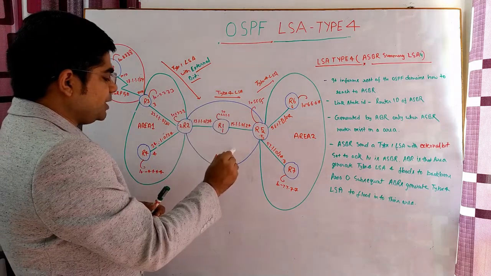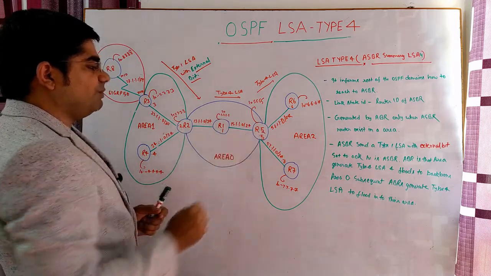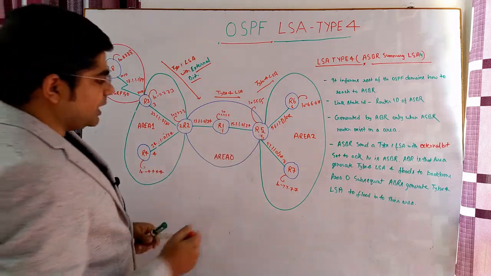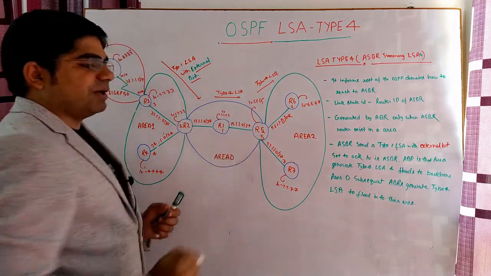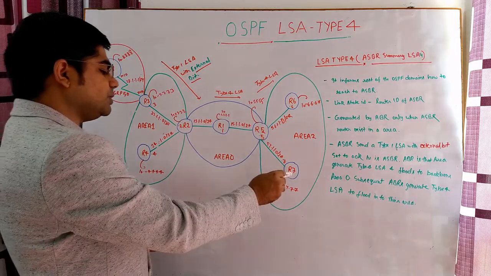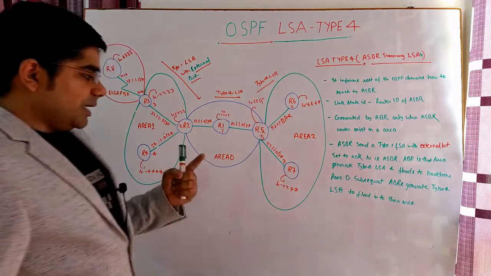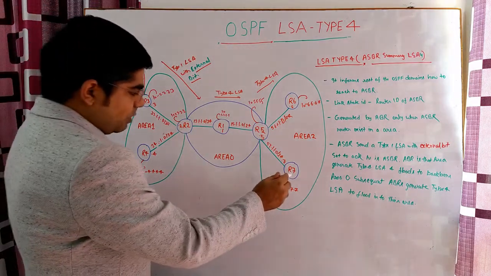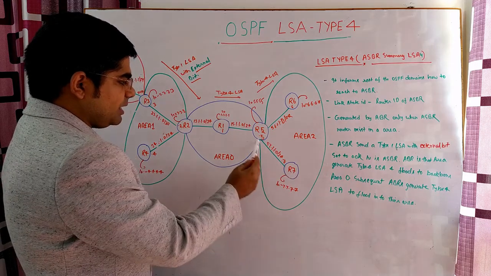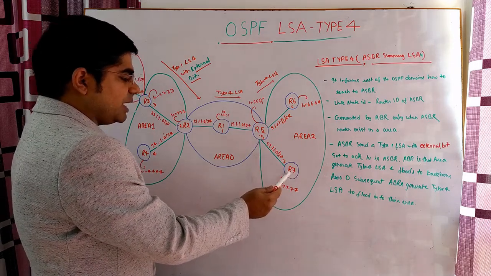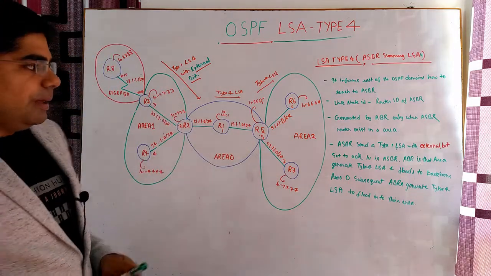It will flood in backbone area 0, then router 5 will regenerate that type 4 LSA, replacing the advertised router ID with its own router ID, 5.5.5.5. When you look at router 7, you will see the LSA type 4 with advertised router 5.5.5.5 and the link state ID of the ASBR, 3.3.3.3.